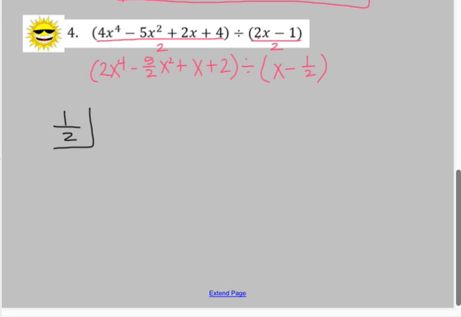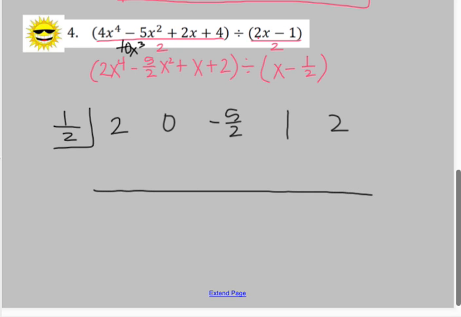Then I take all my coefficients, but I look, there is no x to the third. So I make sure I add that as a placeholder. So I have 2, 0, negative 5 over 2. No x, don't write the x. Negative 5 over 2, 1, 2. Going to go ahead and start by bringing down that 2.